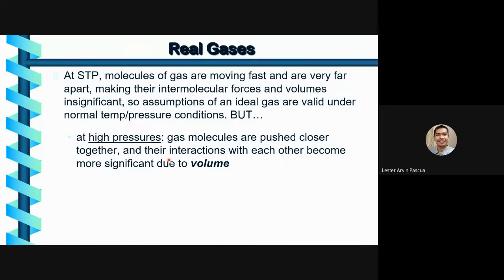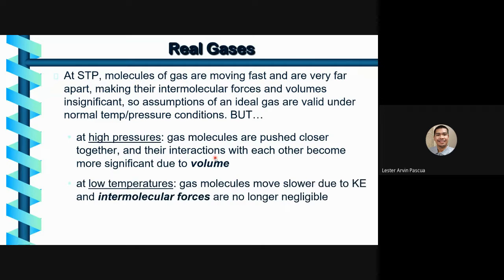Kapag mataas yung pressure mo, nagiging significant yung volume kasi mas dikit-dikit na yung gas molecules mo. So, we have to consider already yung actual volume nila na meron yung gases mo. Tapos, kapag mababa yung temperature, mabagal din yung paggalaw ng particles mo, which means nag-i-start ng gumana yung intermolecular forces.